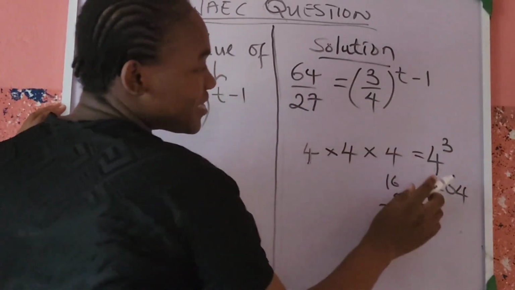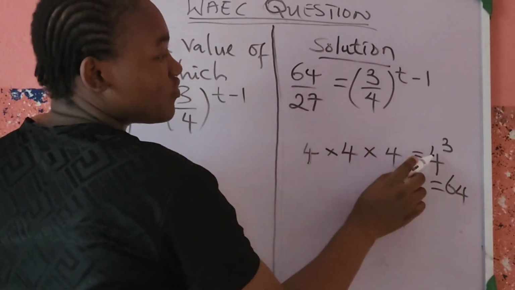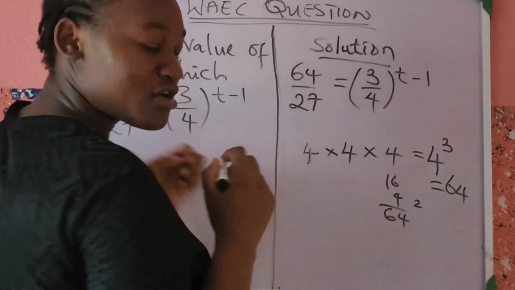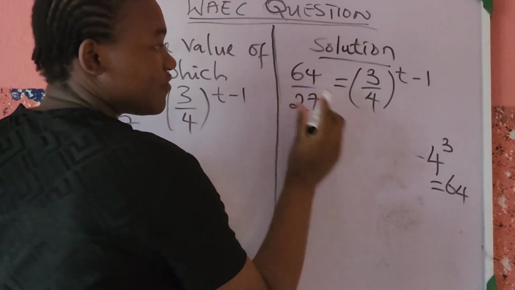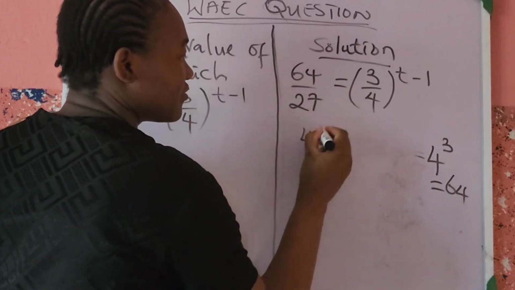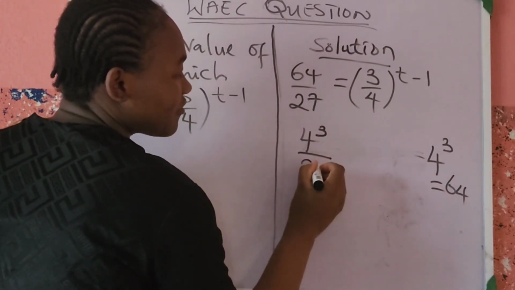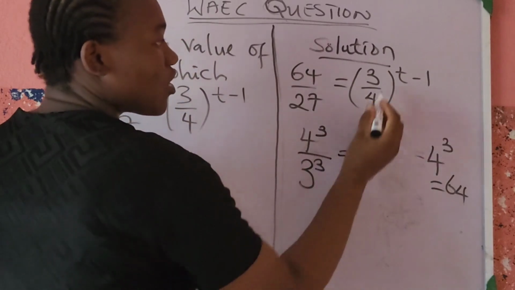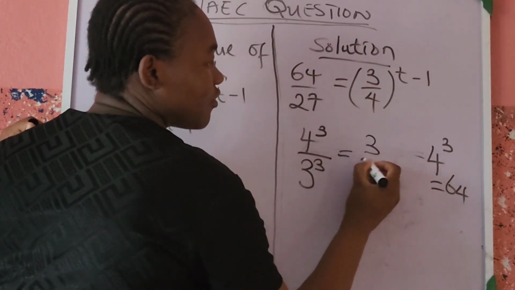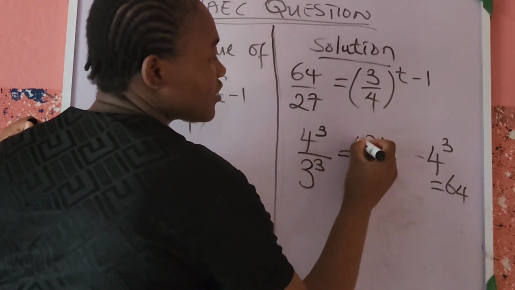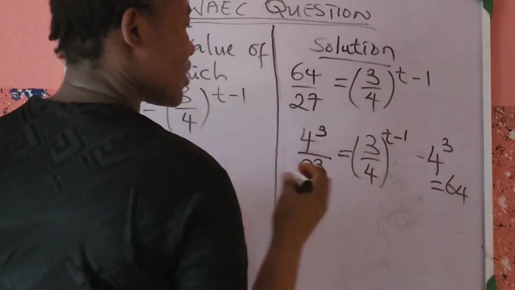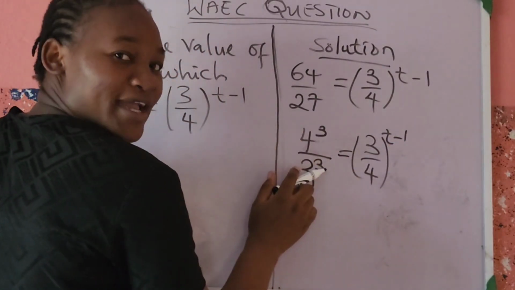So we'll be replacing 64 here with 4 to the power of 3, and 27 is 3 to the power of 3, equal to (3/4) all to the power of t minus 1. So we have the same power here.